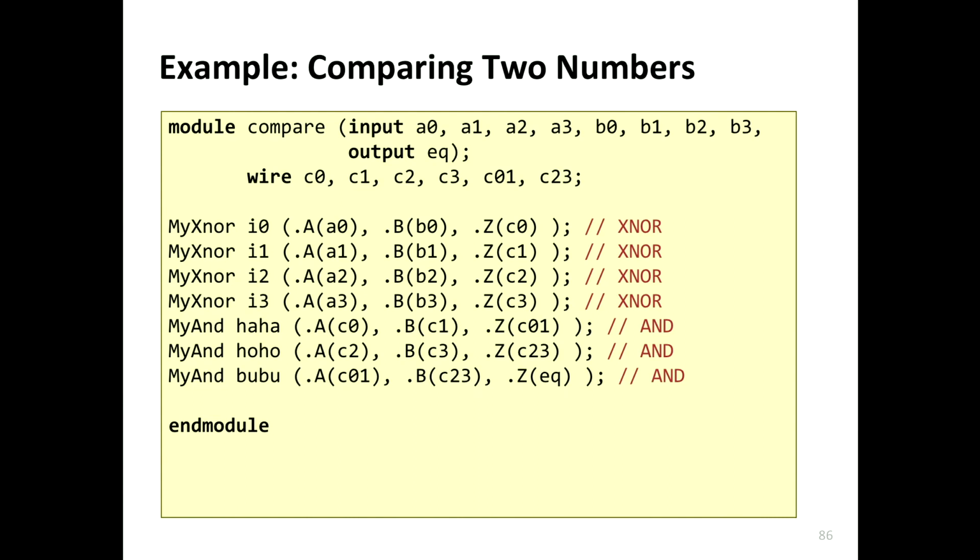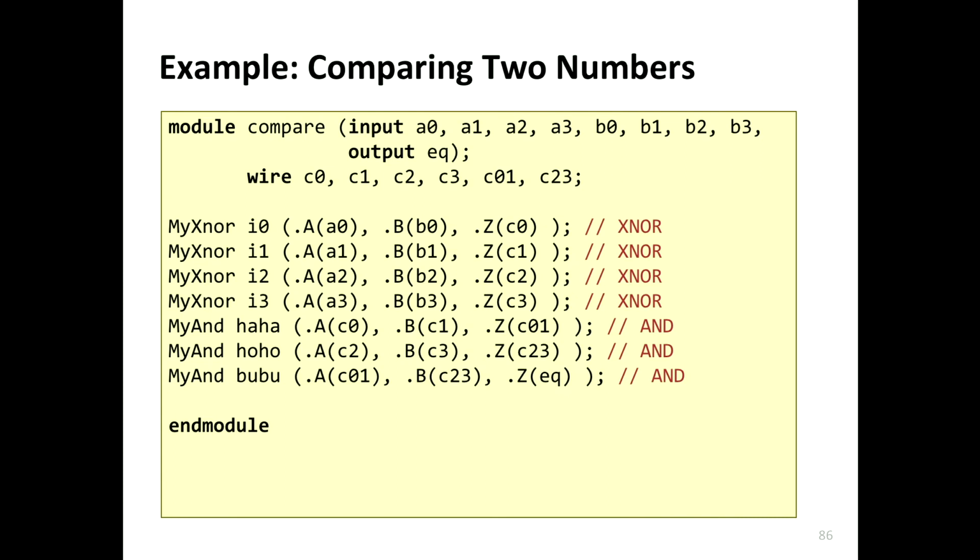So you have 4 different outputs, each comparing A0, B0, A1, B1, A2, B2, and A3, B3. And each of them can be given a name, C0, C1, C2, C3. So you can somehow say these are C0, C1, C2, C3.